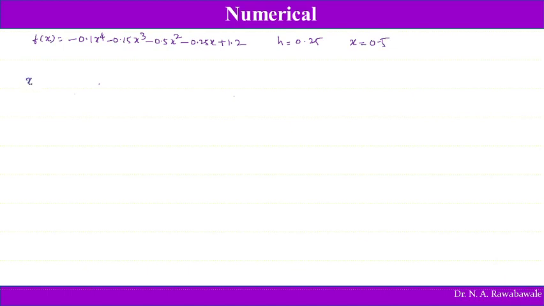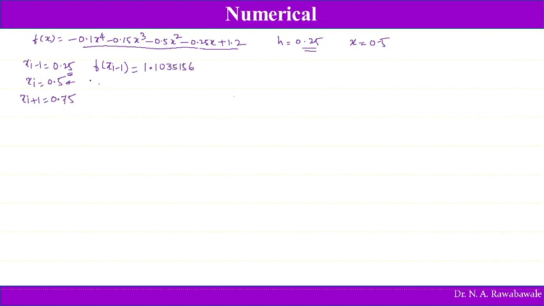So we take xi equal to 0.5, and xi plus 1 means 0.5 plus the step size 0.25, that is 0.75, and xi minus 1 means 0.5 minus 0.25, so this becomes 0.25. Now f of xi minus 1: if we substitute 0.25 in the given equation in place of x, we get 1.1035156.